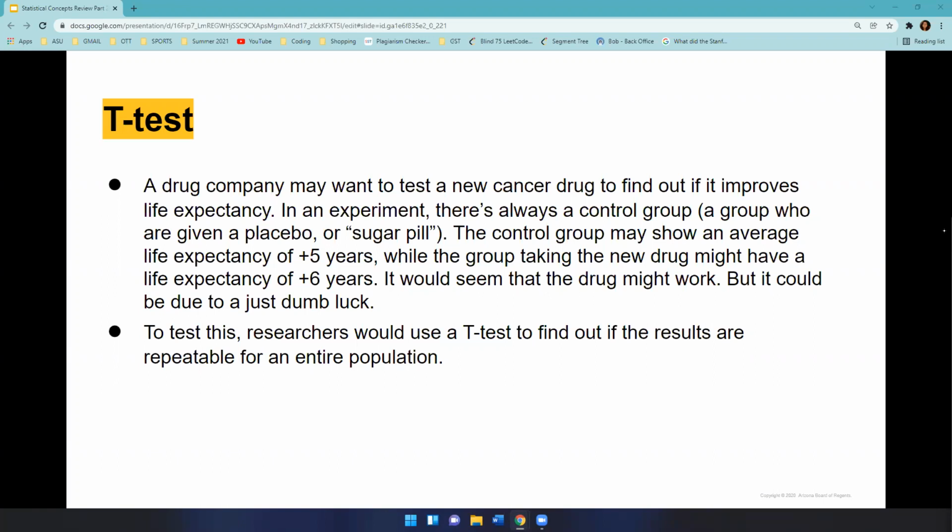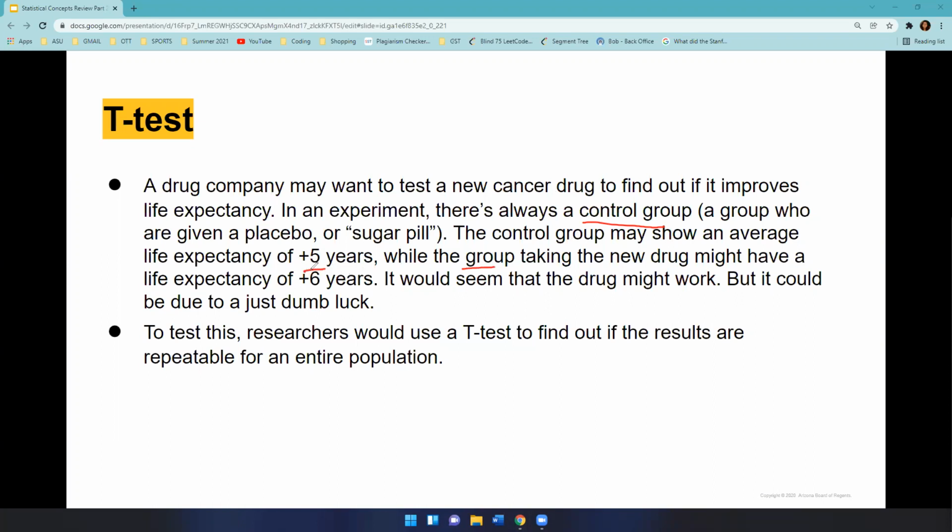It would seem that the drug might work, but it could be due to just dumb luck. So basically, a drug company created a new cancer drug and they wanted to test it. So we have two different groups. One is the control group and the other is the real group, the group on which we are testing that drug.